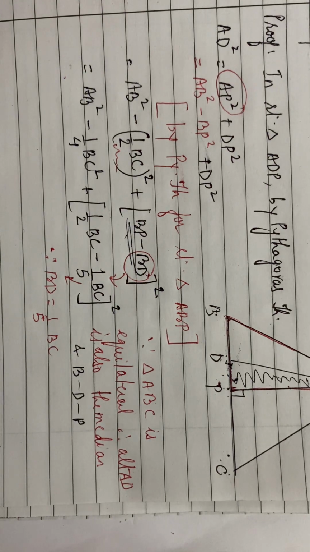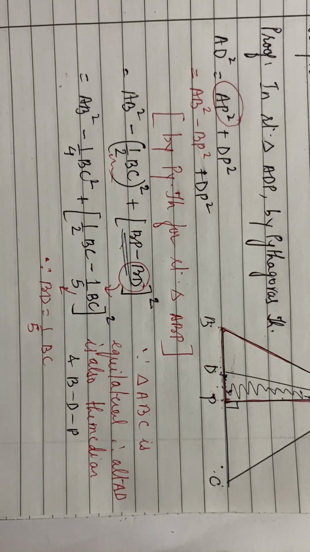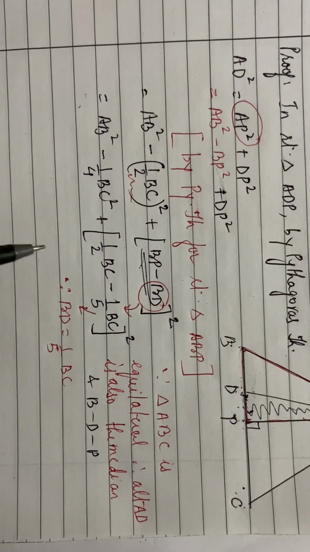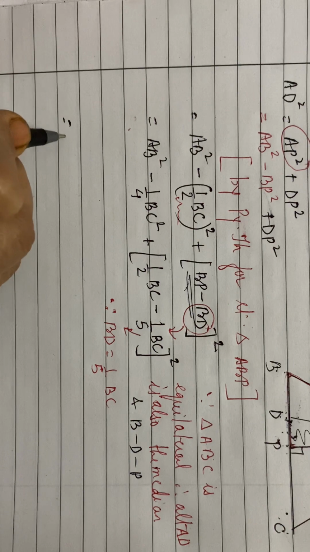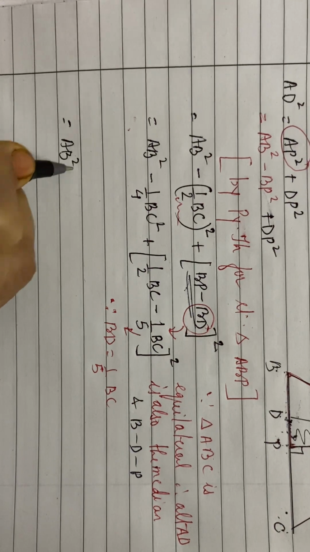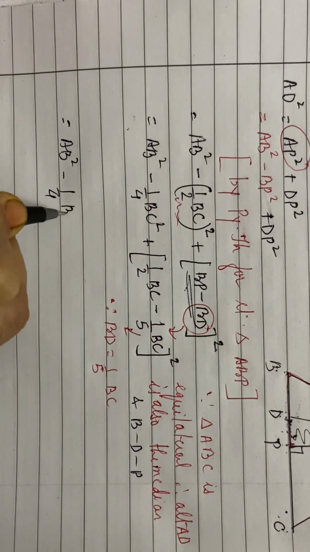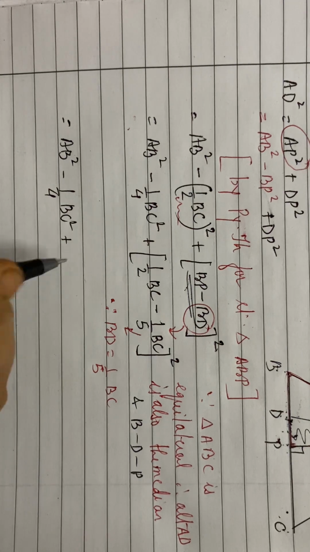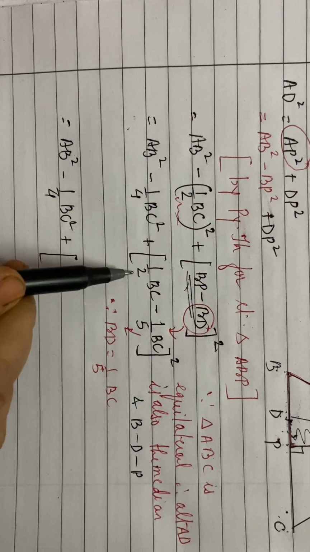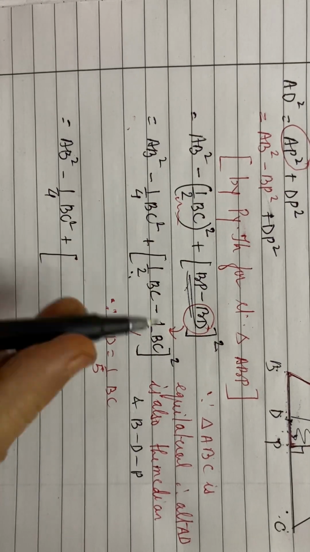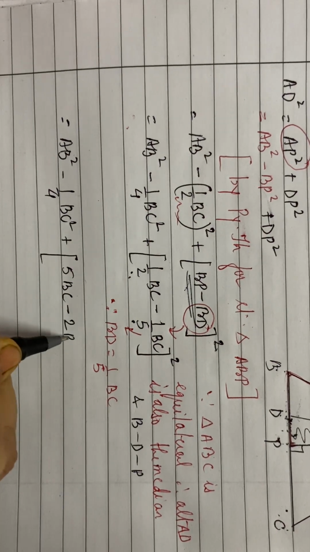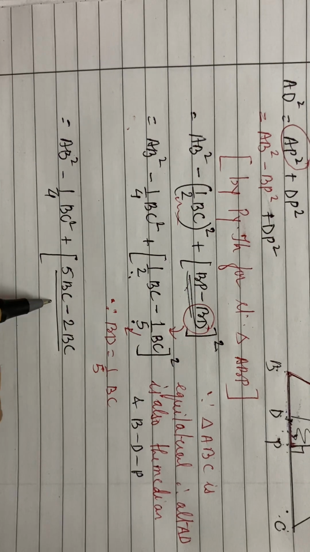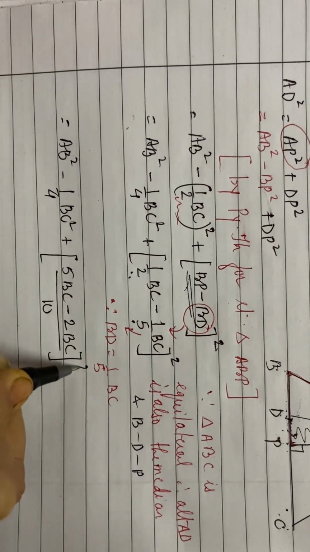So now, here we have AB square minus 1/4 times BC square plus, now here the denominators are unlike, so you will cross multiply. It will be 5 times BC minus twice BC upon 5 twos are 10, whole square.